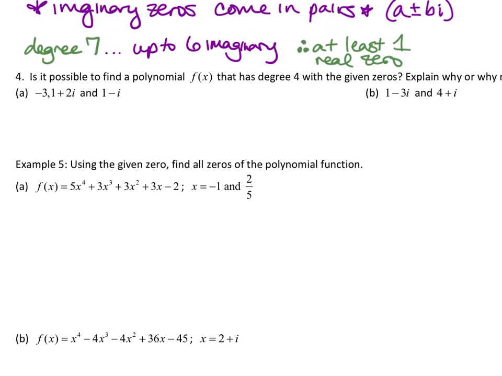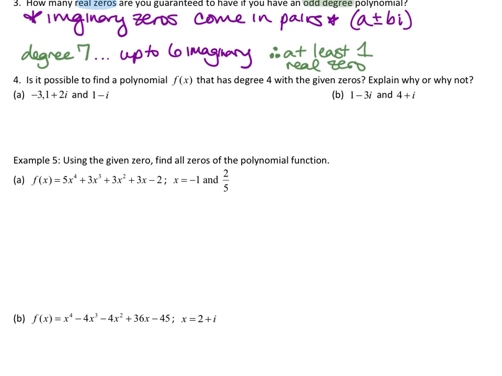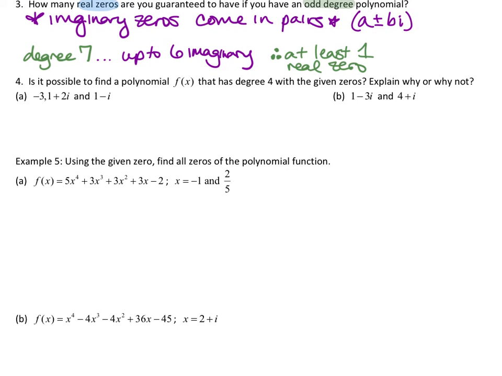Utilizing, again, that fundamental theorem of algebra, we're going to look at example 4. It asks, is it possible to find a polynomial f of x that has a degree 4 with the given zeros? If you look at A, you have the zeros of -3, x plus 2i, and x minus i. But hopefully you should also realize that that means that we also have x minus 2i and 1 plus i.